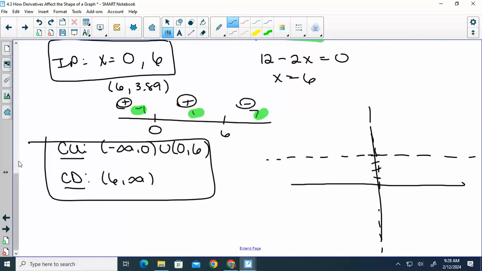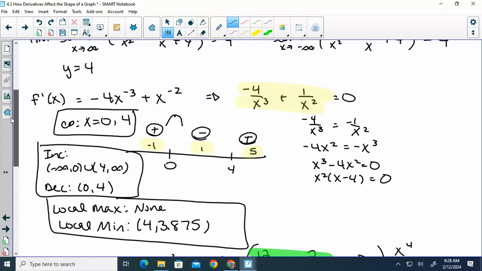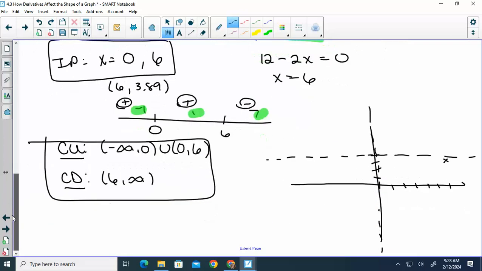Okay, we have an inflection point at 6, 3.89. We know we did not have a max, but our min was at 3.875. So very, very close to this. Sorry, that's min.